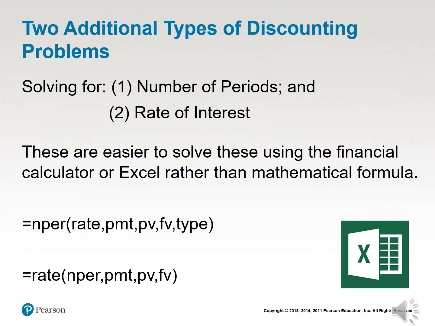If you're asked to calculate the rate of interest, both of these calculations are rather difficult as math equations, and financial calculators and Excel just work much more consistently. So if you need to determine an interest rate, you can type in equals RATE, R-A-T-E, and parentheses, and then it will coach you for the number of periods, the payment, the present value, and the future value.